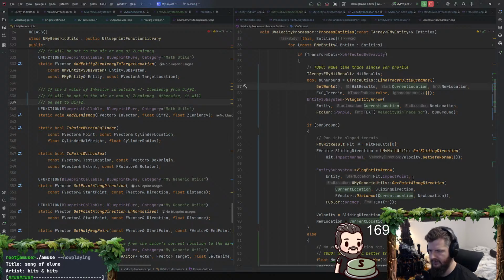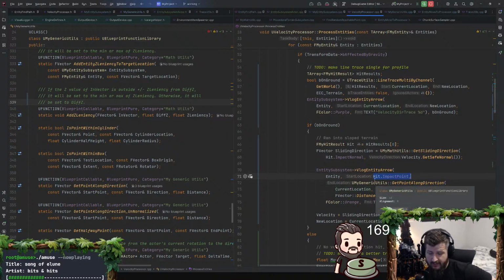And so we're going to show an arrow from the impact point in the sliding direction. No, from the current, no, yes, sorry.